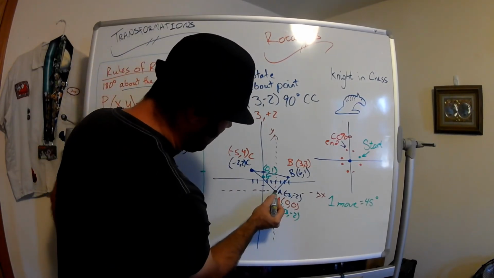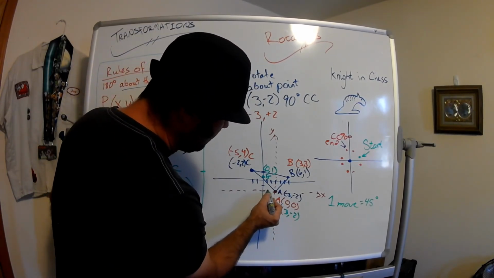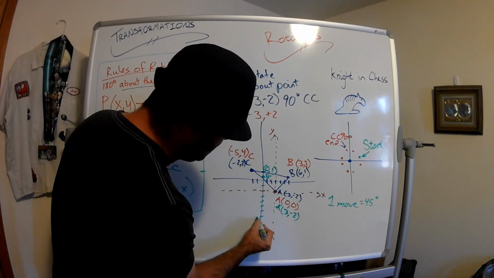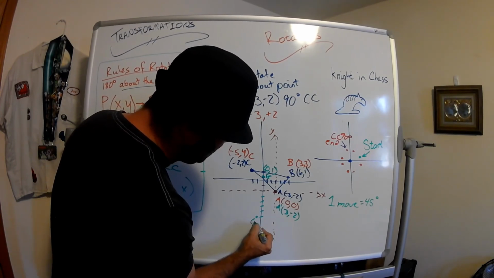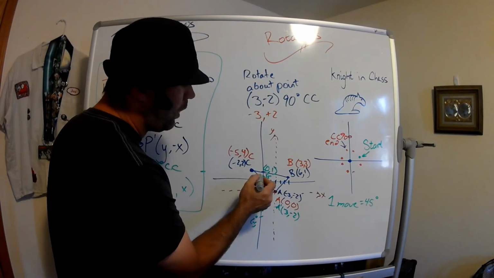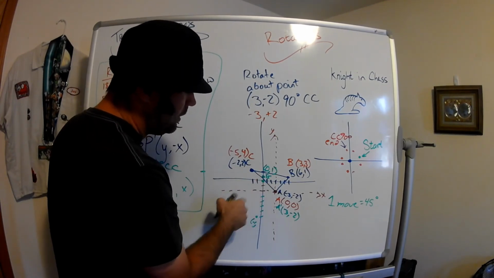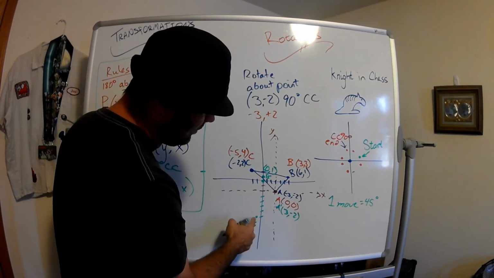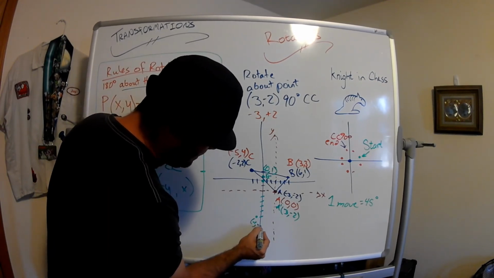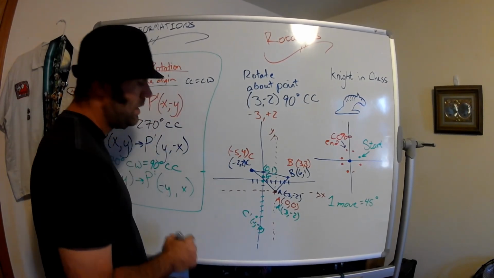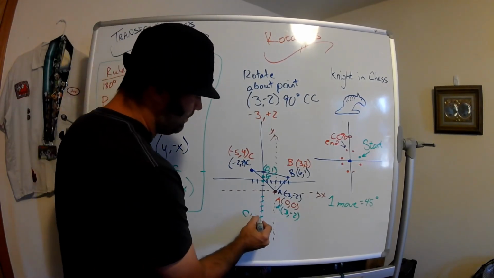So we're going to go left 4 from this point, and then down 5. 1, 2, 3, 4, 5. Which is actually negative 1. We only went left 1 from our true origin. And then down 1, 2, 3, 4, 5, 6, 7. Negative 7. So (-1, -7). So our C prime is (-1, -7).